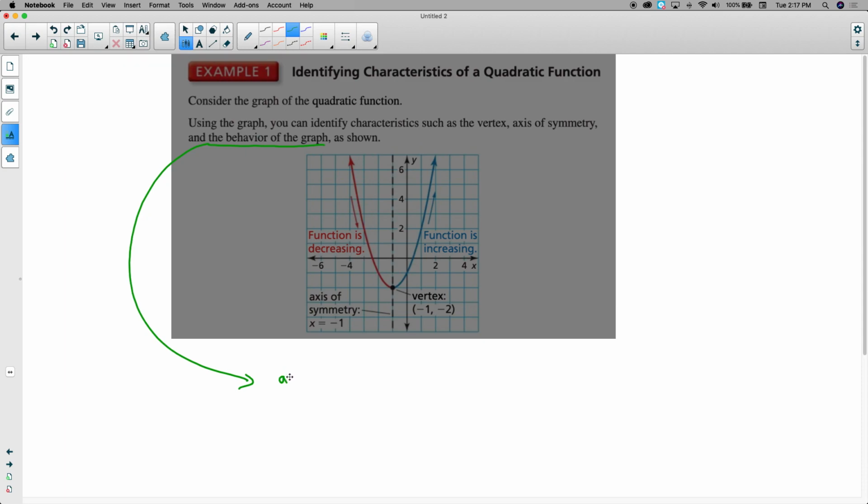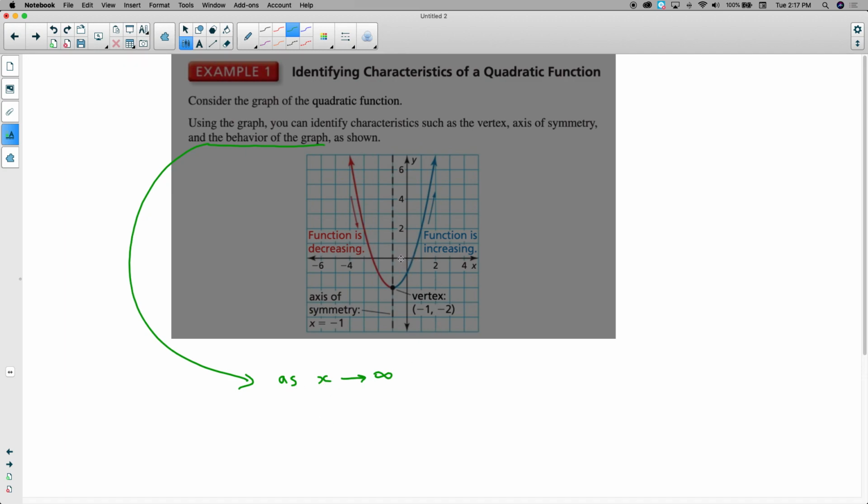Okay, so as the input goes way, way out to the right. Okay, as the input goes to infinity.